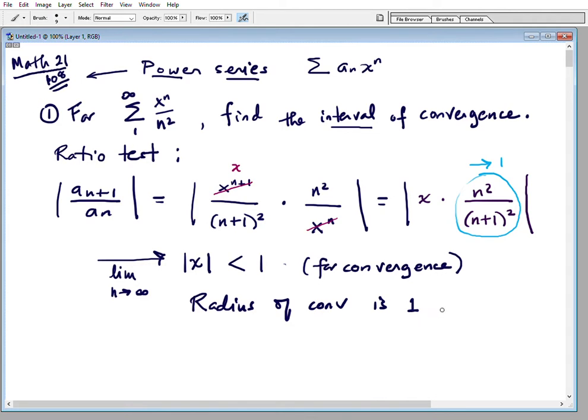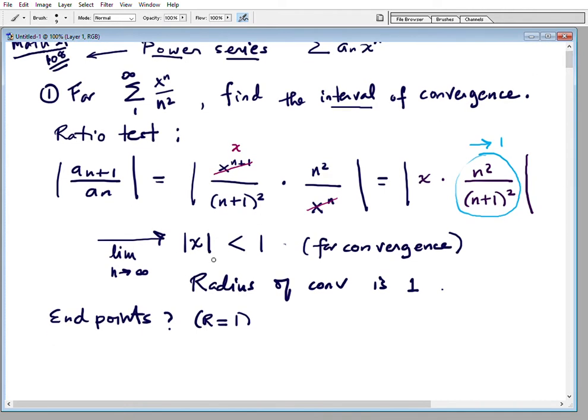But we still want to find out what happens at the endpoints when R equals 1. So that you have to check separately. In this case, x is between minus 1 and 1.